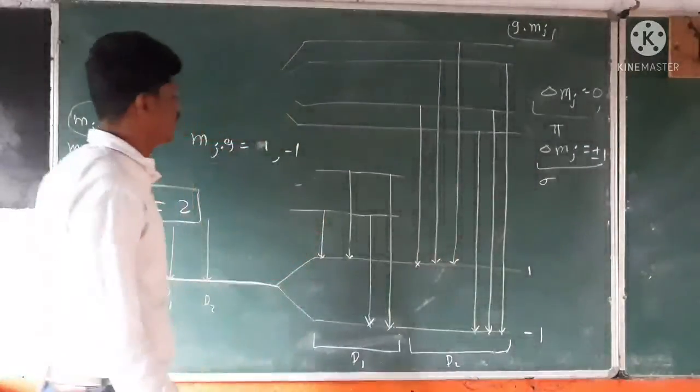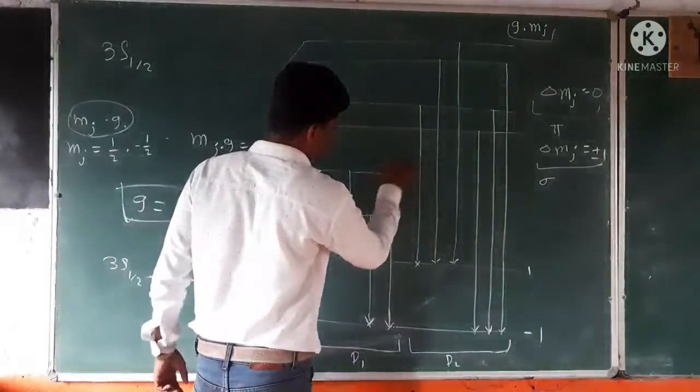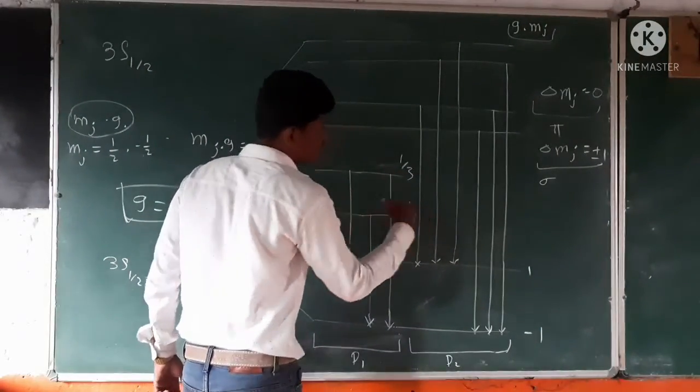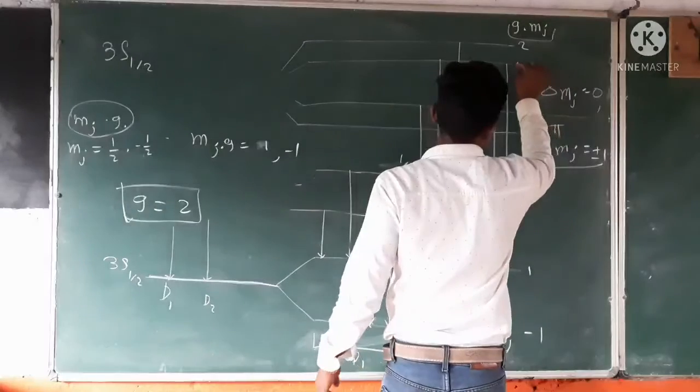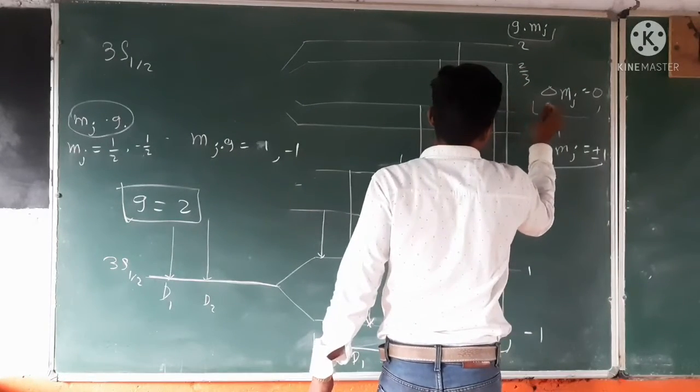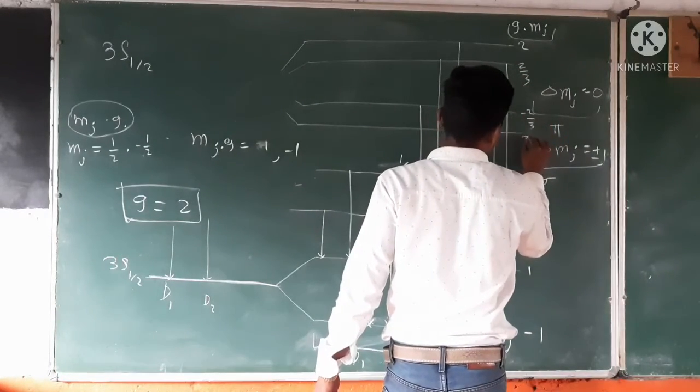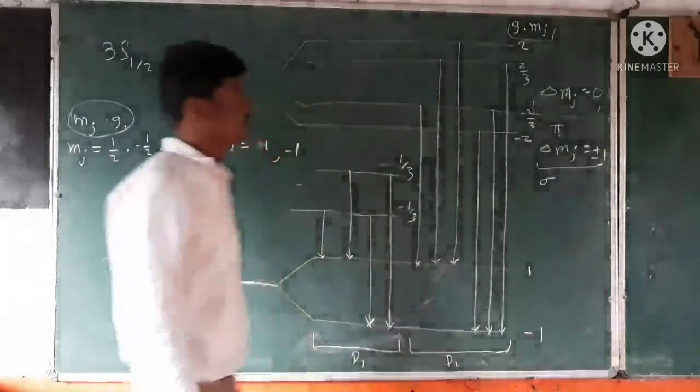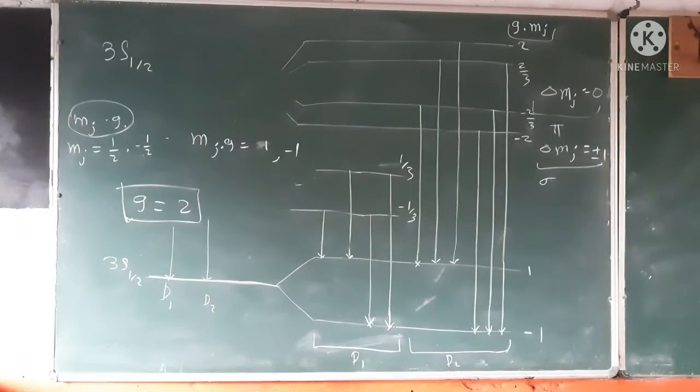Similarly, we can calculate the other values. Here it will be 1/3 and minus 1/3. For this one, we will have 2/3, minus 2/3, and 2, minus 2. These will be the values of m_j g if you calculate using the g factor.